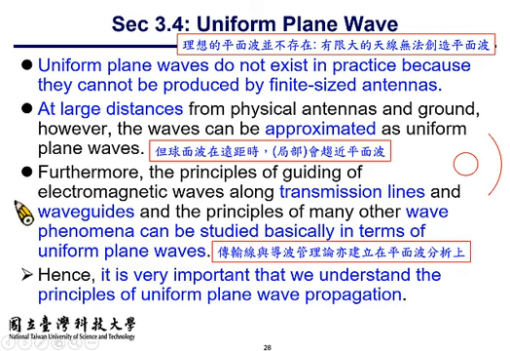However, we need to note that uniform plane waves do not exist in practice because you need a source. You need an infinitely large antenna so that you can produce an actual plane wave. However, in reality, the antenna size is finite, so the electromagnetic wave generated by a finite size antenna begins as a spherical wave, such as this one.